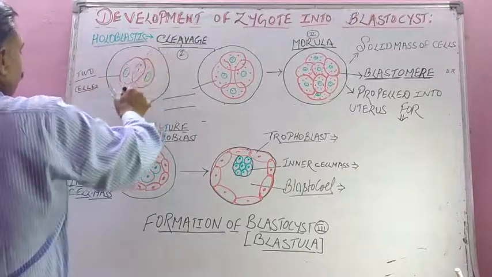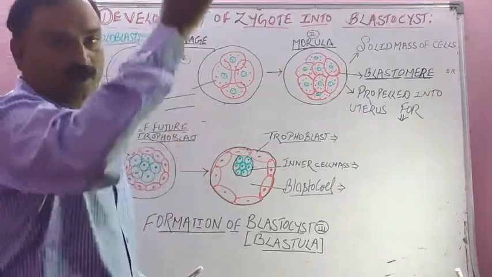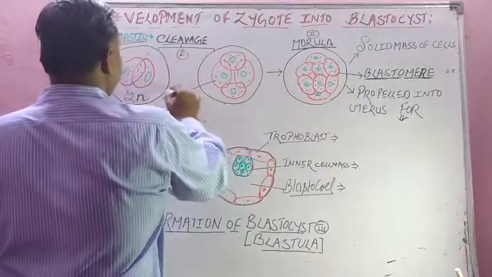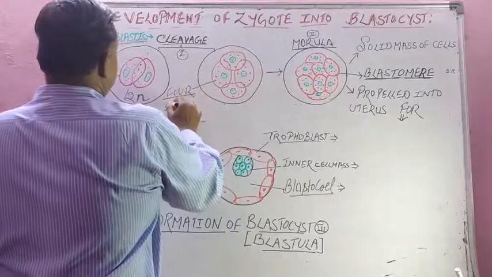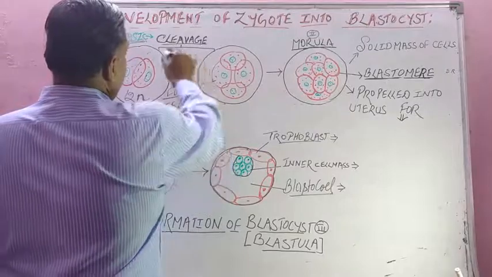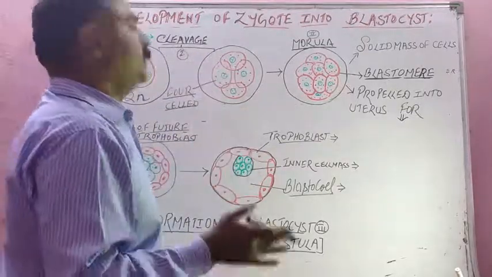Vertically, the whole ooplasm, or you can say zygote, divides into 2 cells, then 3-celled, and ultimately 4-celled. So these stages are called cleavage, isn't it? Cleavage means breaking of the zygote, and that is holoblastic.